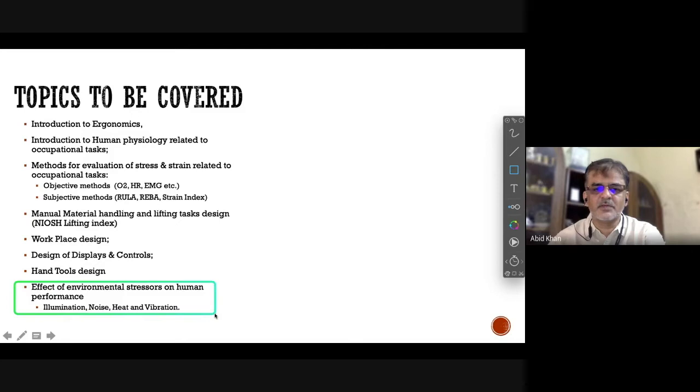So the person working in the control room of the railway station, if he is not insulated, he cannot interact with other employees. Heat and vibration. A vibrating environment also affects your performance. Heat, or rather we should not write heat, it may be the temperature that affects, because in cold conditions the situation is different, in hot conditions the situation is different.